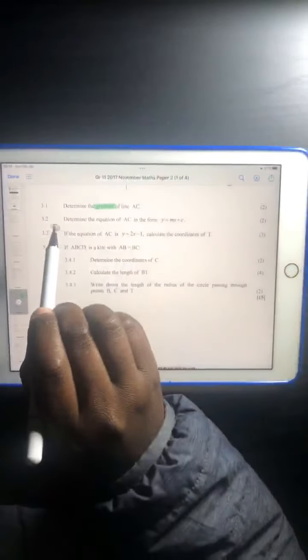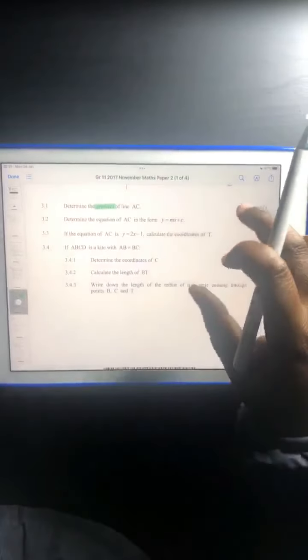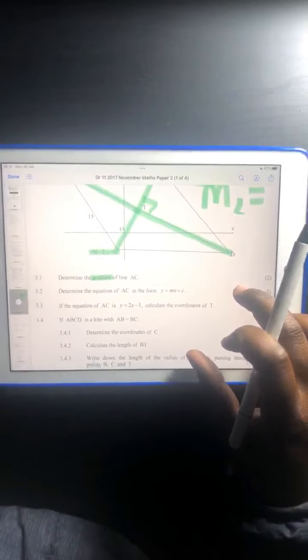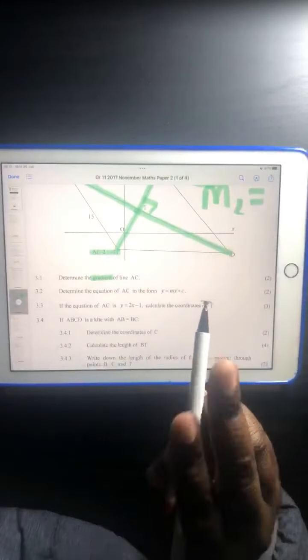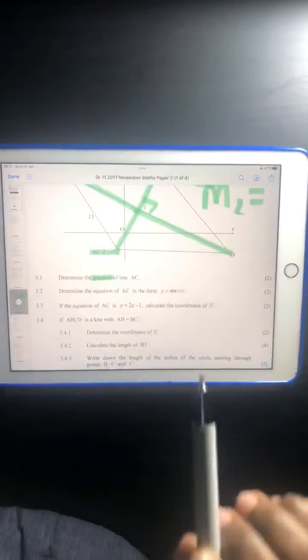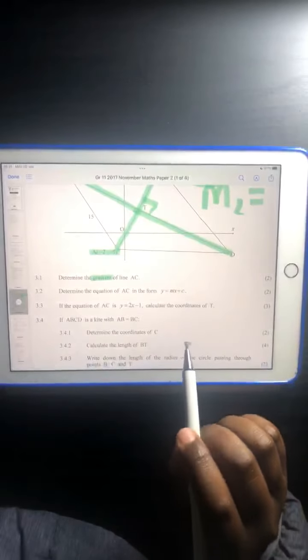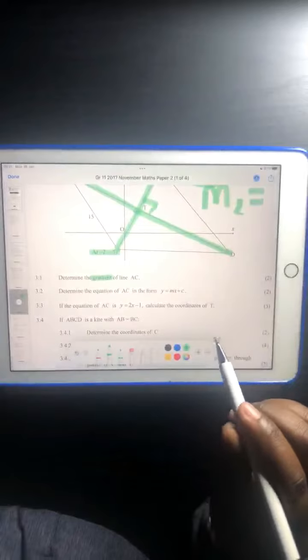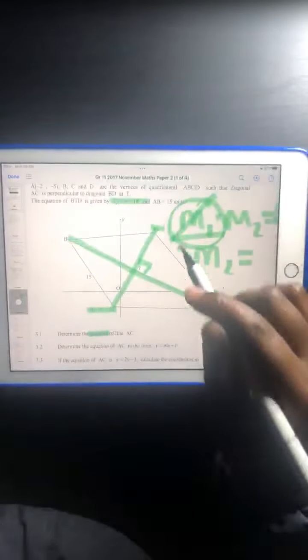Okay, determine the equation of AC. Okay, now if you want me, Mr. Examiner, to determine an equation, do I have 2 things? Did you give me 2 things? If they did not give you, then you must find them. So do I have them or can I find them? Remember, guys, the line that they're talking about is that line.